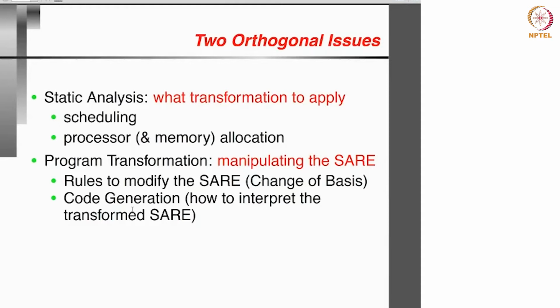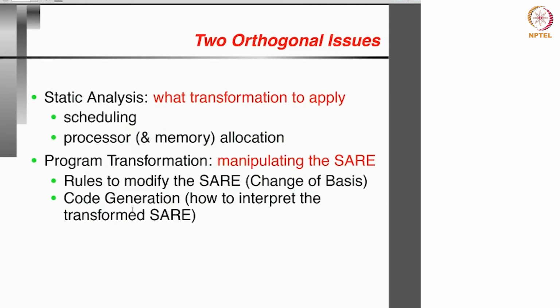So like I said, there are two issues: program transformation. How do you manipulate the program? How do you change it? How do you change the indices, etc.? And we saw that yesterday, right? And we saw how to interpret the transform equation, or rather the equation, which is the program representation that we were working with.